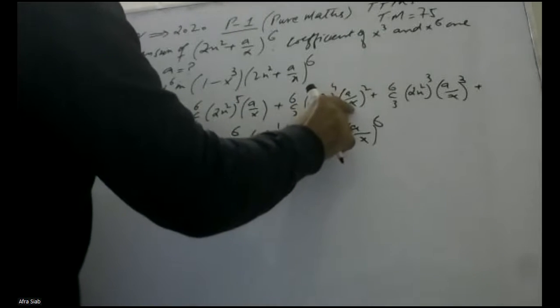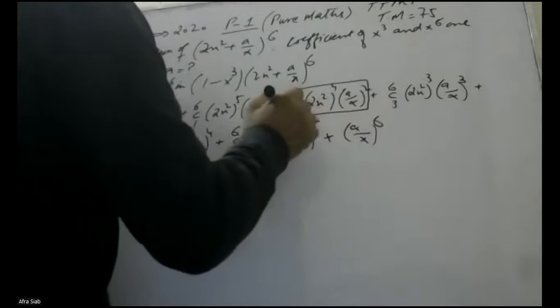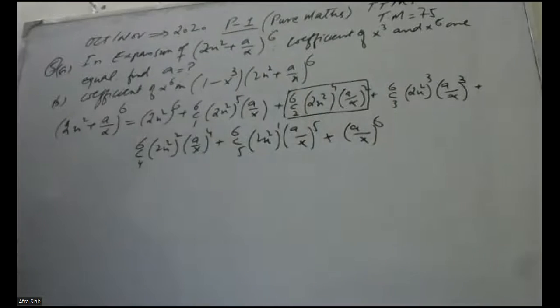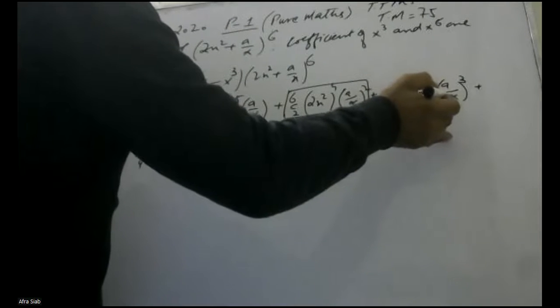Here we get x power 12. Here we get x power 10 over x power 9. Here we get x power 8 over x square, x power 6. So this is the coefficient of x power 6 there. And this x power 6 over x cube. So that is the coefficient of x cube.